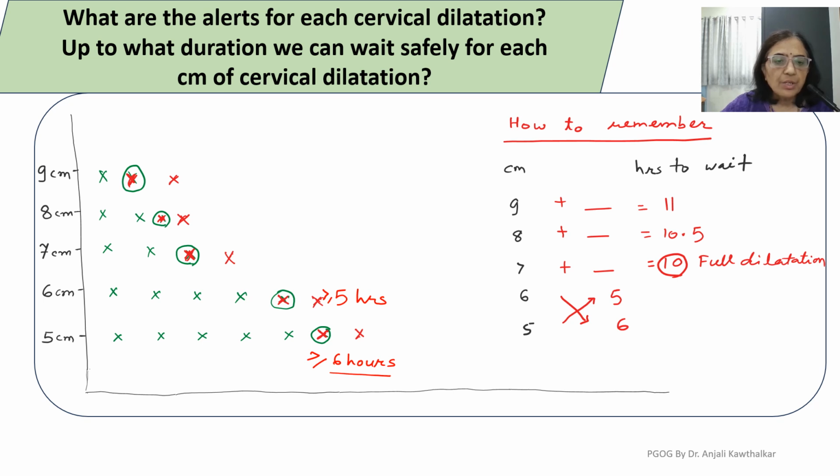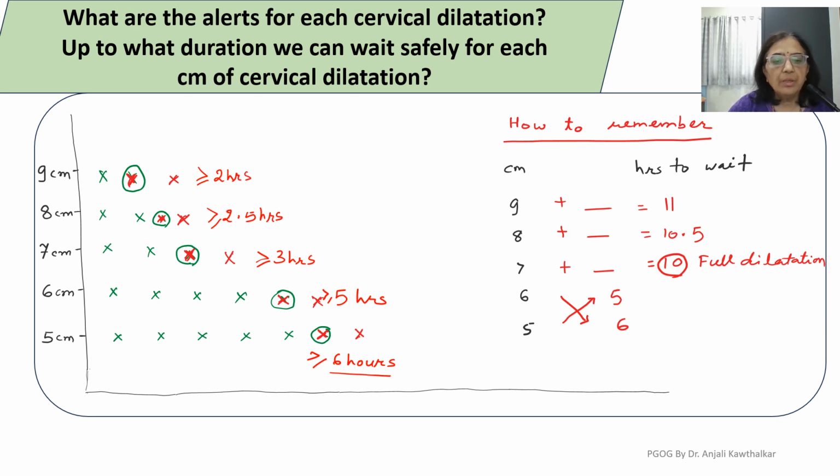At 7 centimeters, if the patient remains the same for greater than or equal to 3 hours, it is an alert. At 8 centimeters, if the patient remains the same for greater than or equal to 2.5 hours, it is an alert. At 9 centimeters, even if the patient remains at 9 centimeters for 2 hours or more, it is an alert.